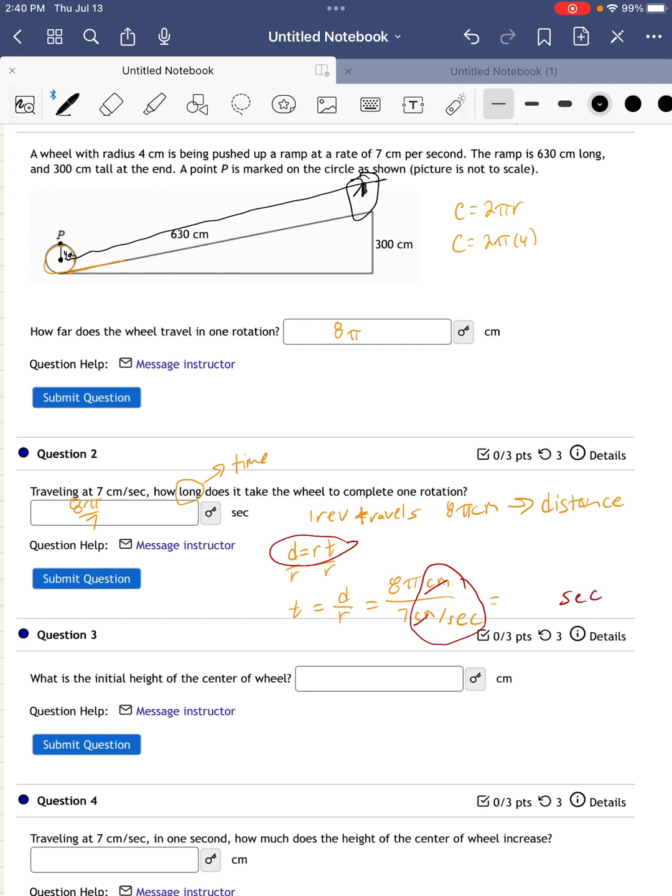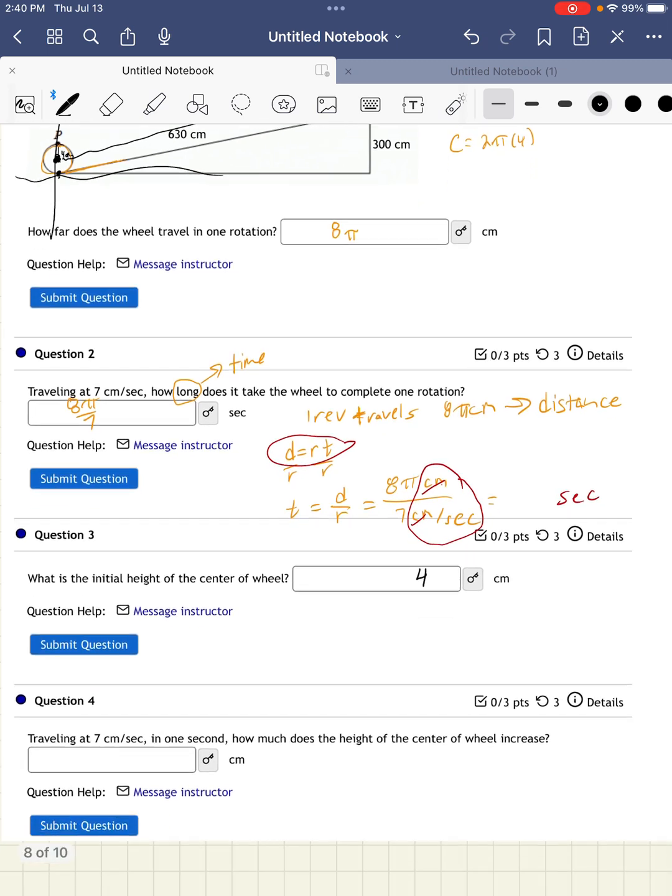So where is it starting? I would call this 0, 0. The center of that wheel is off of the ground. So it's 4 centimeters off the ground. So your initial height of the wheel is 4 centimeters.